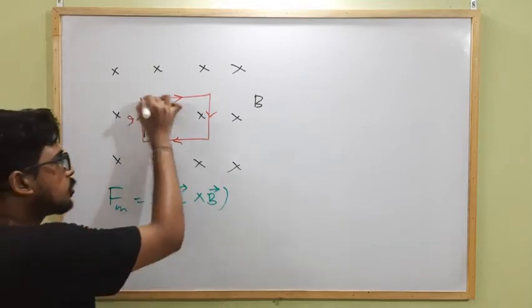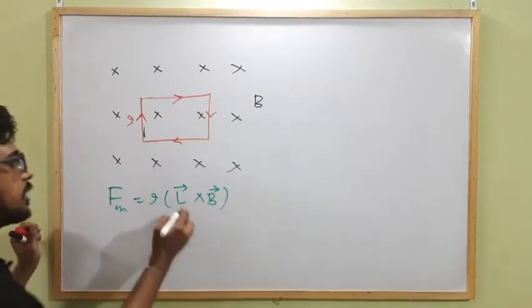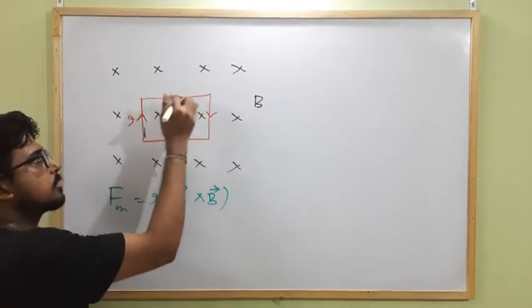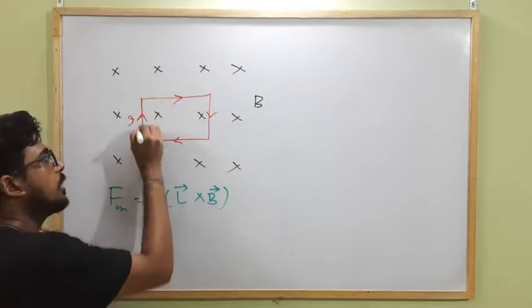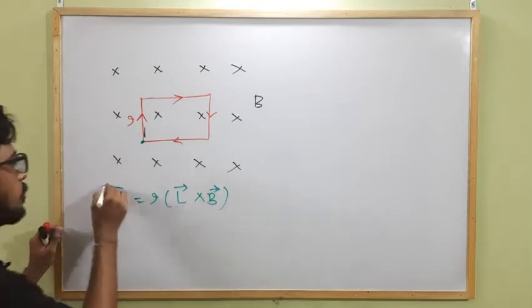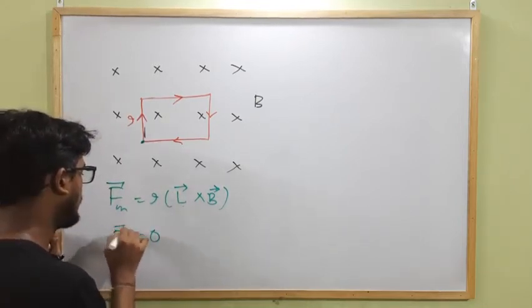As this is a closed loop and the field strength is constant at every point, the displacement vector between initial and final position will be 0, because if I start from here, I come back to this position again. So the force acting on this will be 0.